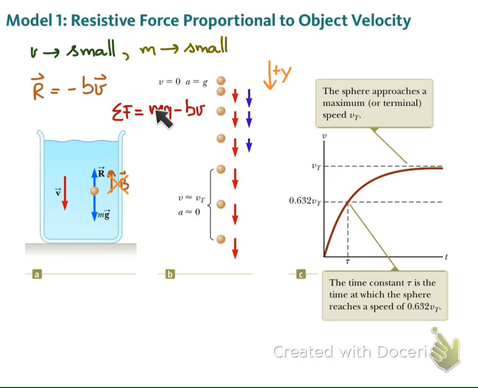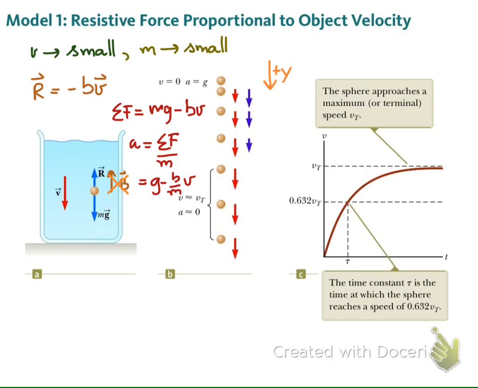And if the net force is not 0, we will have the acceleration. a is equal to the net force over m, and is equal to g minus b over m times v.